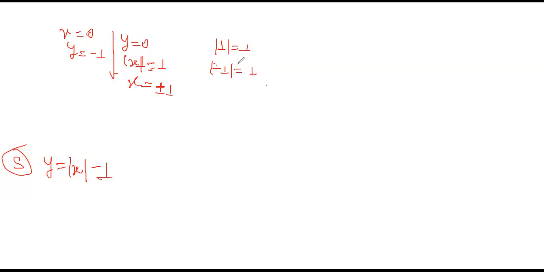If mod x is equal to 1, then the possible values of x are plus 1 or minus 1; both are possible.